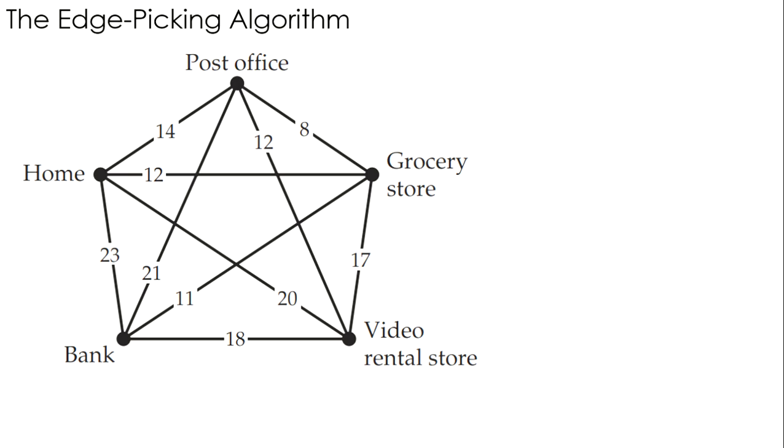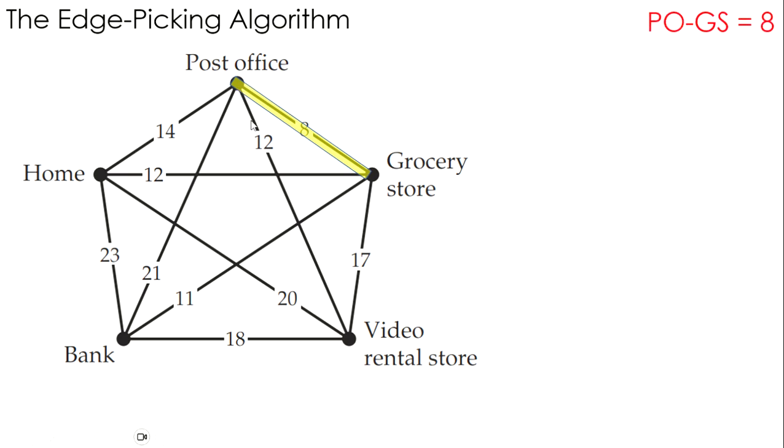After that, you're going to create the Hamiltonian circuit with the starting vertex of home. In this case, we'll have 8, of course, post office to grocery store. So let's get that, that's 8.